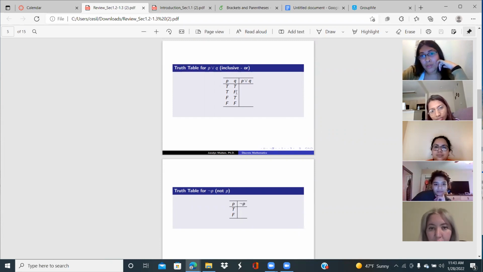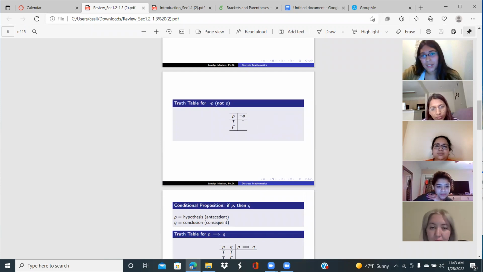True or false would still be true. False or true would be true. False and false would be false. Even though for these you still have the option of choosing false, you go with the positive, so it would still be true. Make sense? All right.